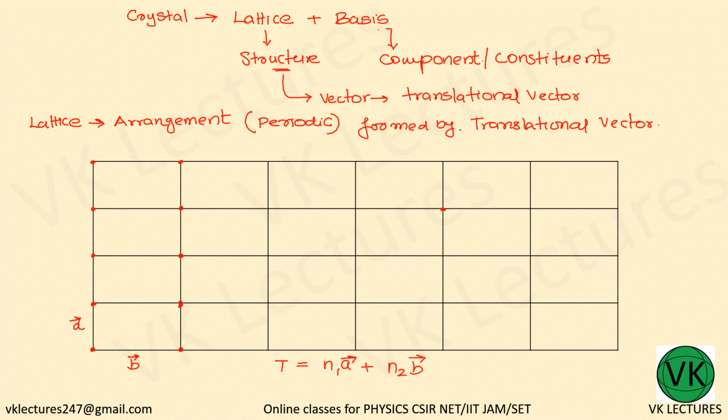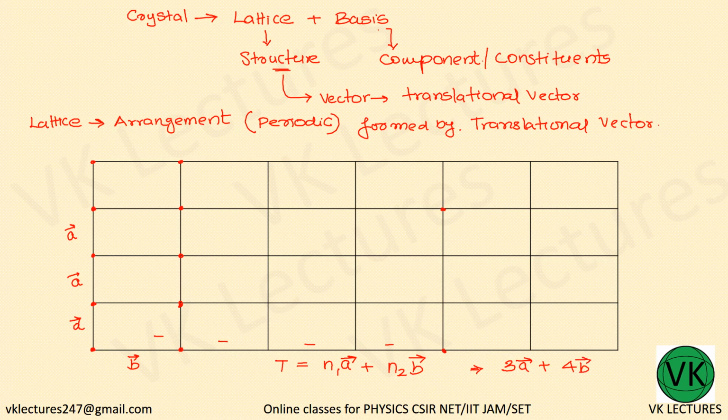Now in this case, this is our x-axis and this is our y-axis. So this is 3 times a, and 1, 2, 3, 4 times b. So you can write t is equal to 3 times a plus 4 times b.